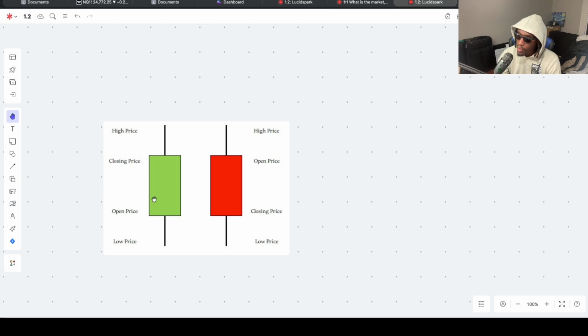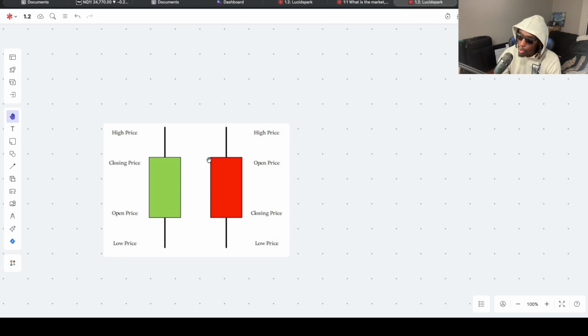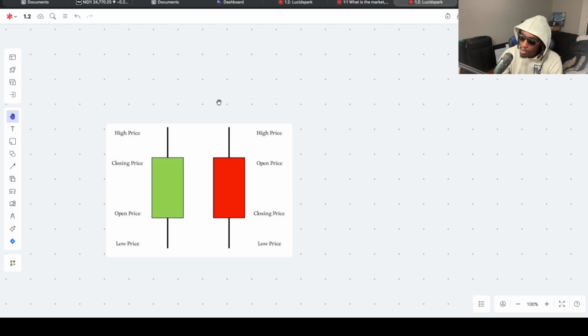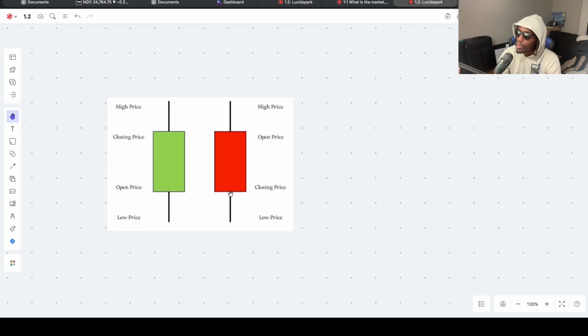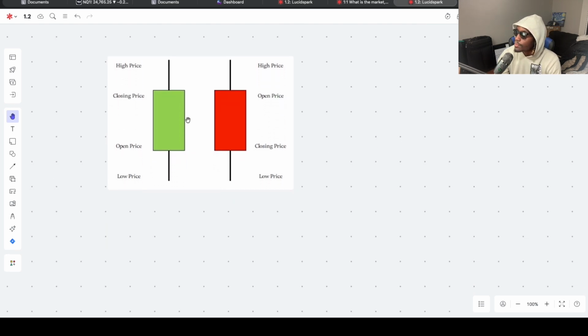But then if it opens, let's say, down here, and it ends up closing lower than where the price opened from, it's going to be a red candle. So right here we open, price went up, but it ended up ultimately closing down here. So this ended up being a red candle, a down candle, a bearish candle. So that's what it is when it comes to these candlesticks.